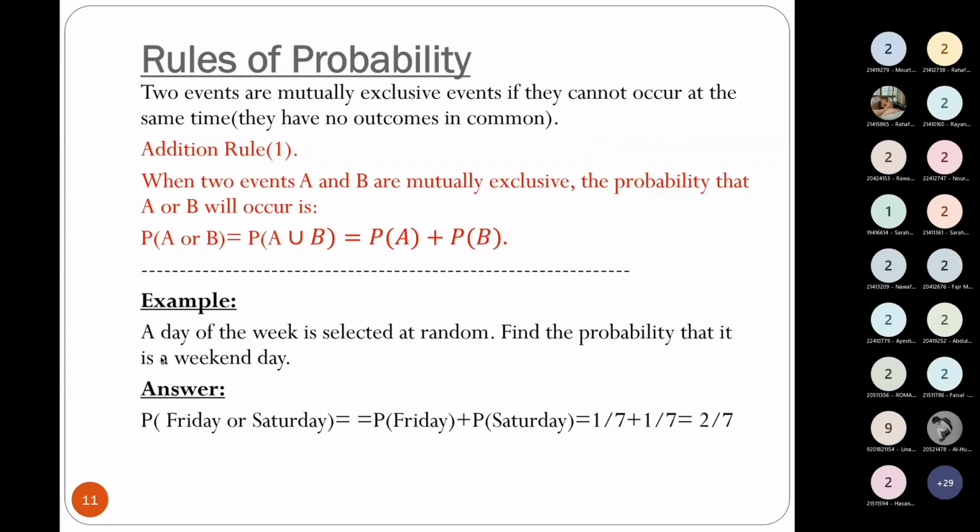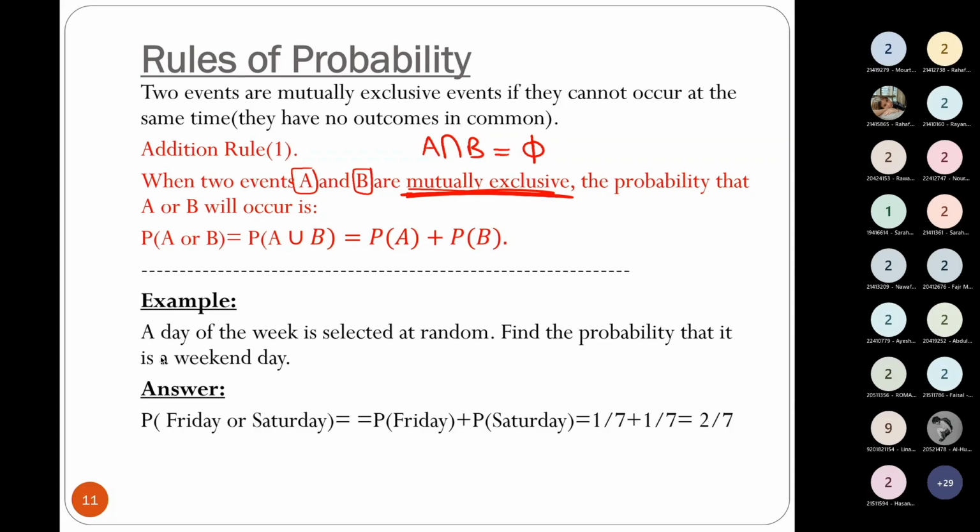Another rule, if we have two events A and B mutually exclusive, this means A intersection B must be empty. If we select a day from the week, what's the probability it's Friday and Sunday?